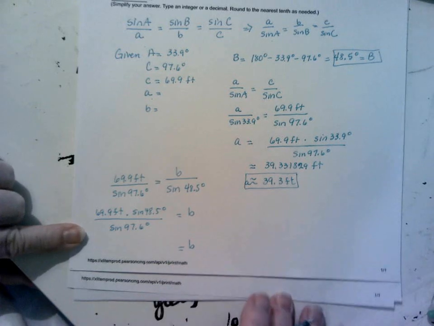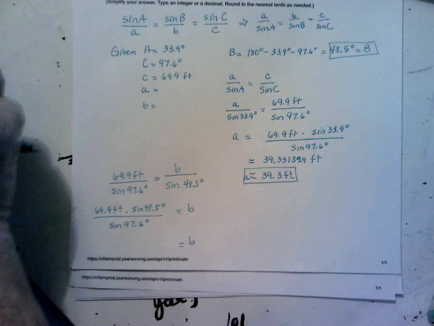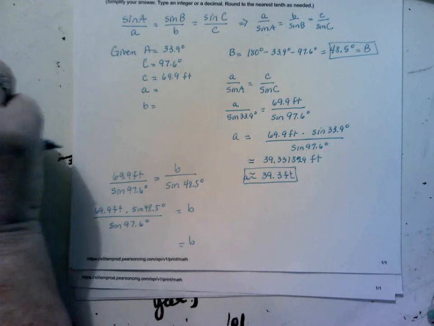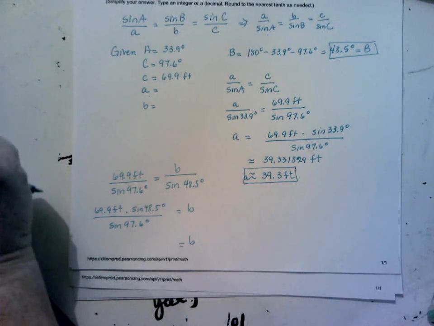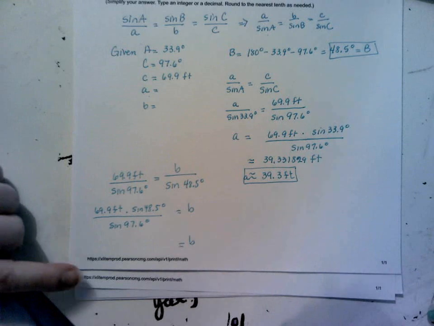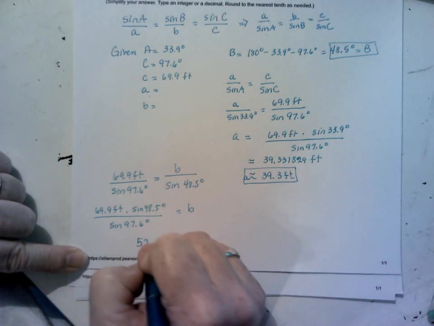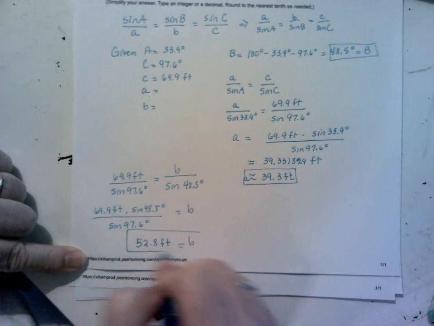So when we plug all that in, I'm getting B is 52.8 feet. And I just went ahead and rounded that to 3 significant digits.